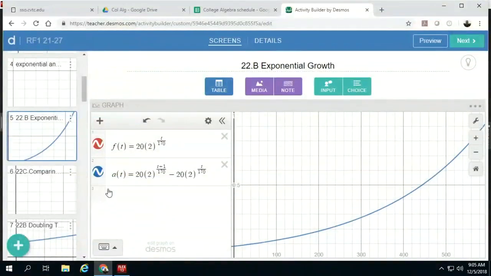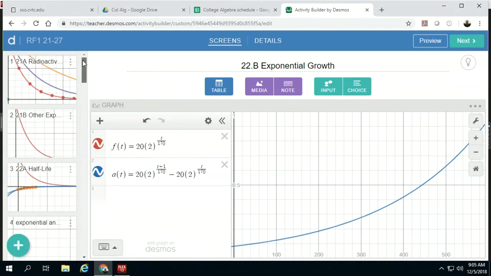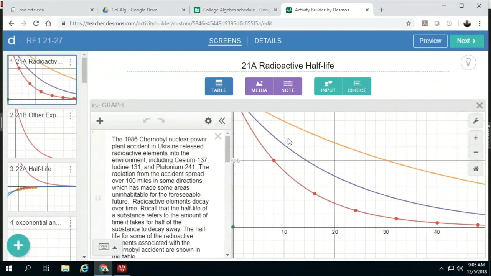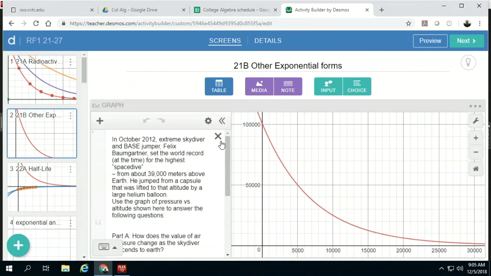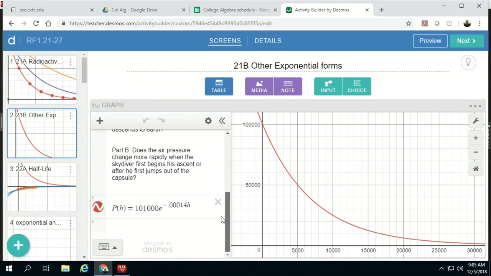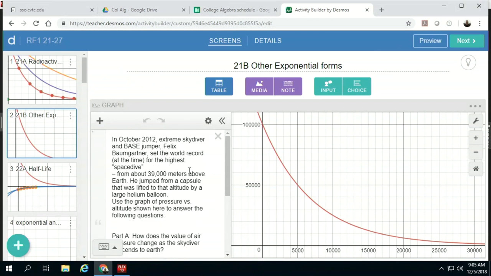Now, let's compare that to the one that we were doing in the previous lesson, where we didn't have exponential growth, we had exponential decay. So in these cases, if you recall, this is, I can't remember what it was. Oh, that's lesson 21. We didn't do 21.